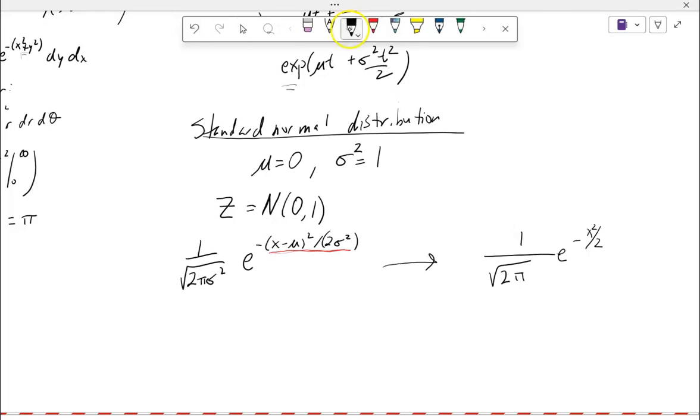So the substitution you'll make, I'll call it z, equals x minus mu over sigma. That would be the substitution if I want to convert one to the other. Now think about it in terms of an integral. If I were thinking about doing this as a substitution into an integral, what would your dz be?